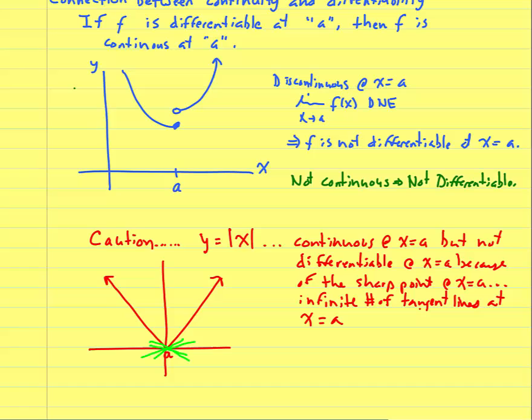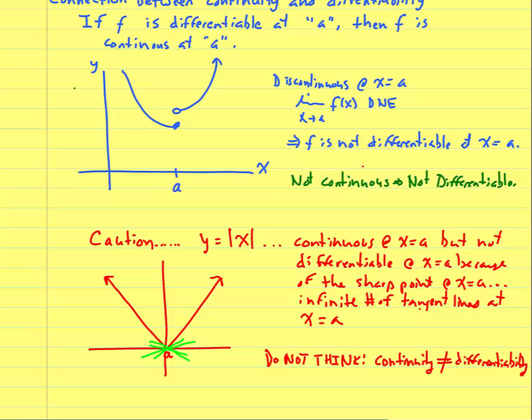So caution, be really careful. Do not say continuity implies differentiability, because that's not what we're saying. So continuity does not equal differentiability. This is only not continuous, not differentiable.